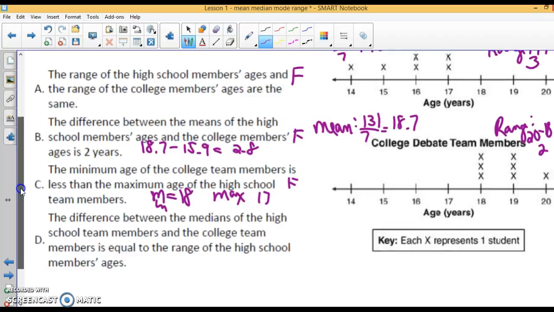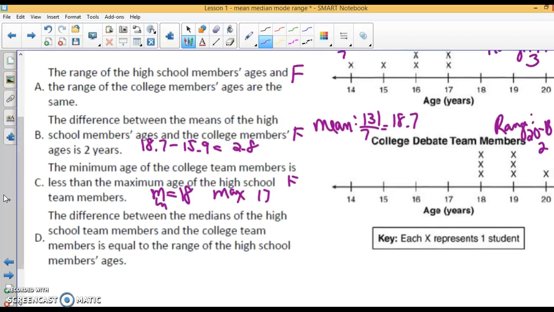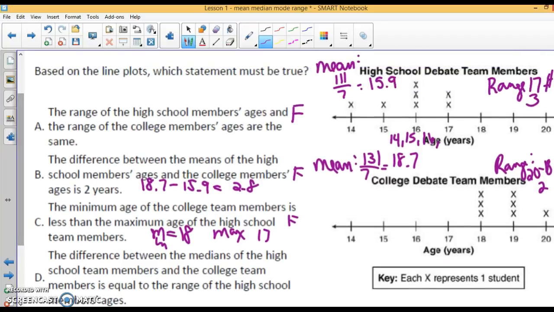Let's see what D says. The difference between the medians of the high school team members and the college team members is equal to the range of the high school members. All right, let's find the median. If I do this, 14, 15, 16, 17, also first, last, first, last, first, last.